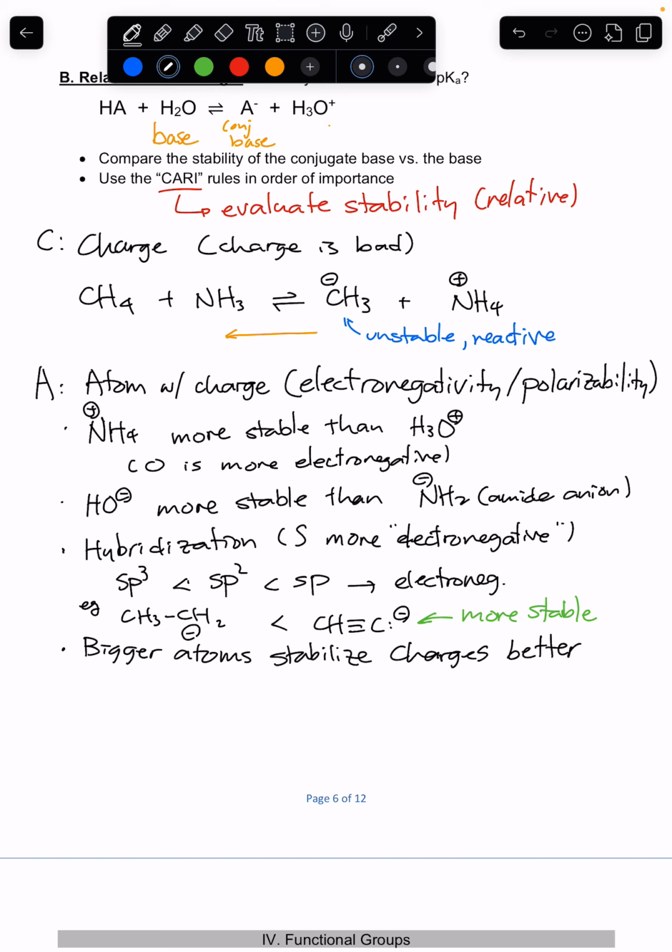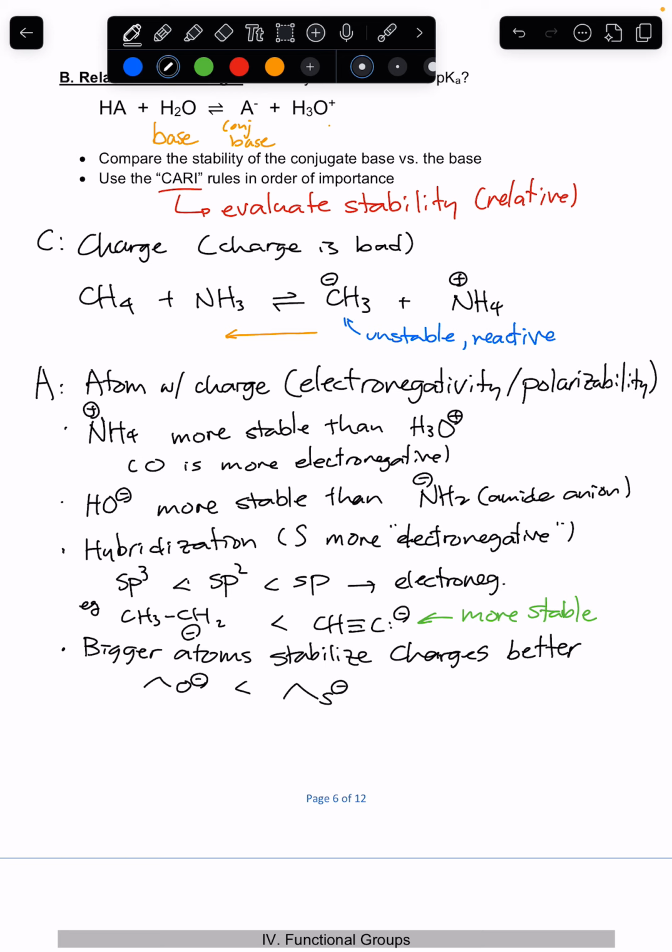So for instance, if you compare the alkoxide versus this thiolate anion, the thiolate anion is much more stable because the negative charge on sulfur is more stable than oxygen, because sulfur is so much bigger than oxygen that if there's a little bit of charge imbalance, it doesn't really affect much.